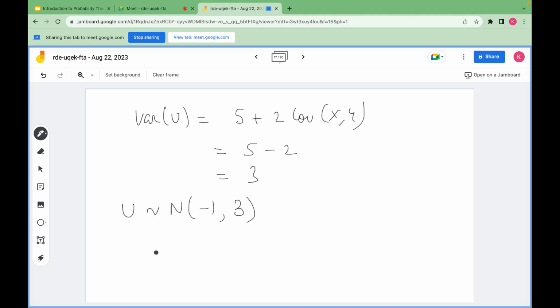Now we need to find the probability that this u is greater than 0. Since it is normally distributed with mean minus 1 and variance 3, we can easily find this probability. I am leaving it to you, it's an easy part.